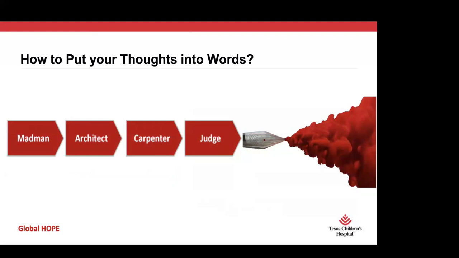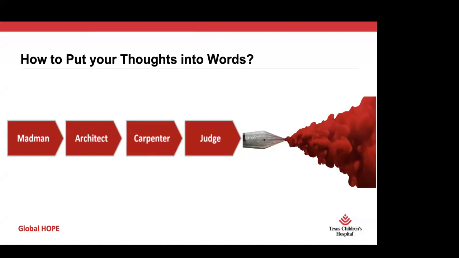I like this diagram that I found some time ago: don't try to be grammatically correct and perfect with your first draft. What I like to say is just start putting words down on paper, kind of like a madman. Just say, I want to talk about the purpose and this and how it changed things in my practice and what we did. And then you start to look at it and create it.